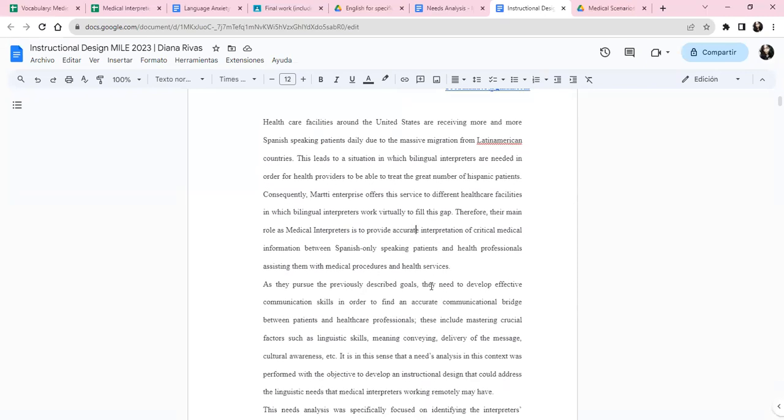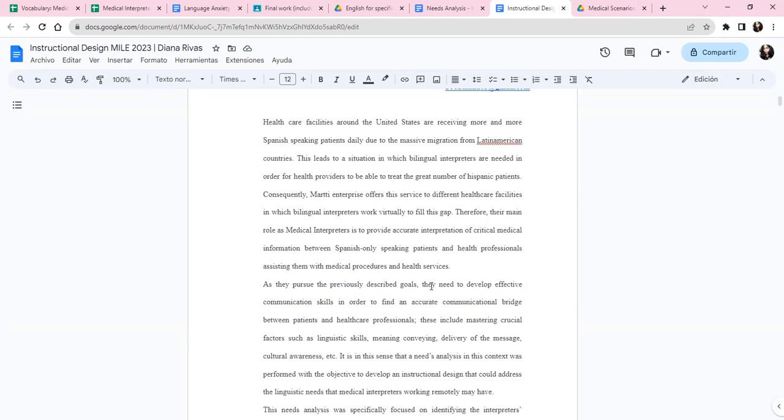And these care facilities, as hospitals or clinics or outpatient, are, of course, as we know, currently receiving a lot of Spanish-speaking patients, and therefore they are in need of a service of consecutive interpretation.